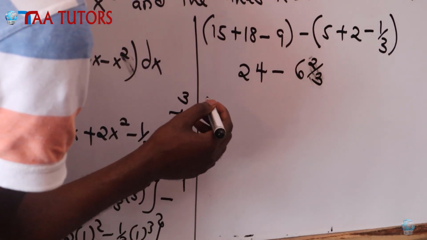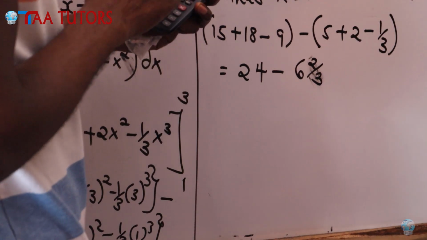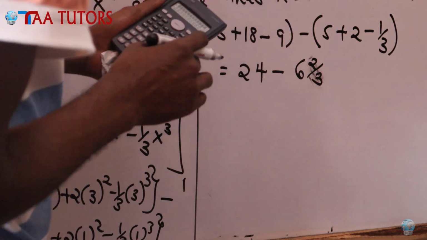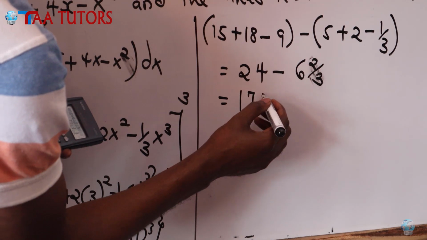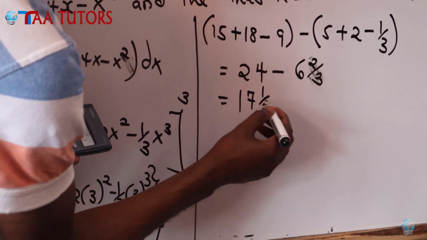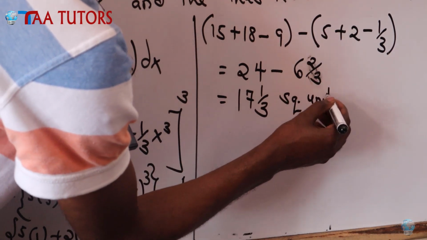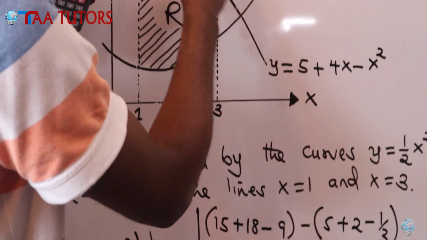So 24 minus 6 and 2/3, we get 17 and a third square units. So that is the area under the bigger curve.